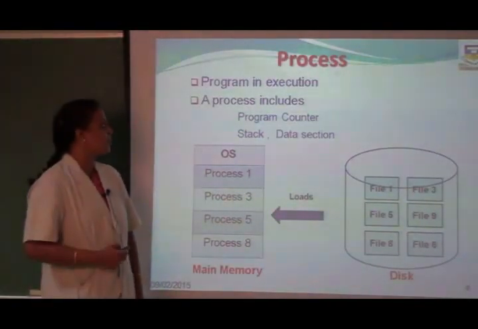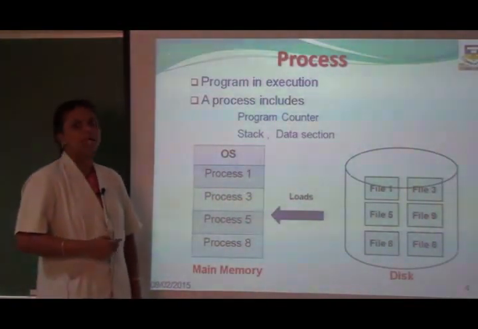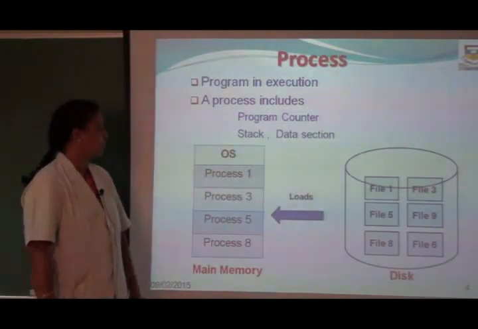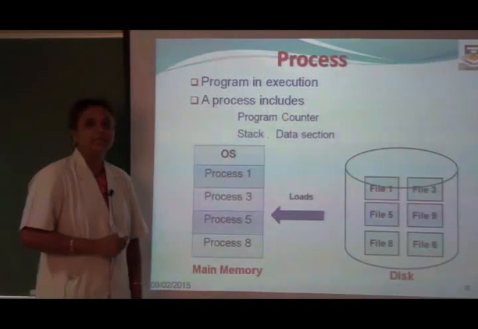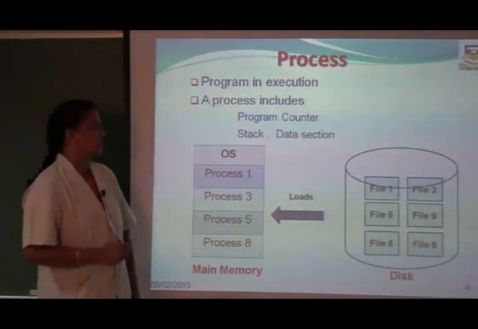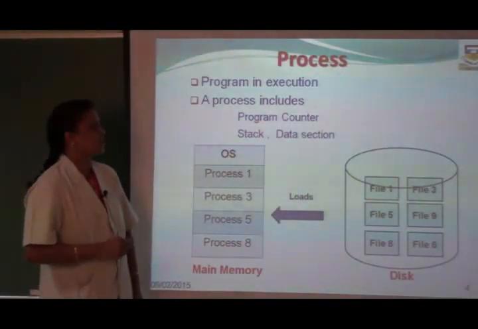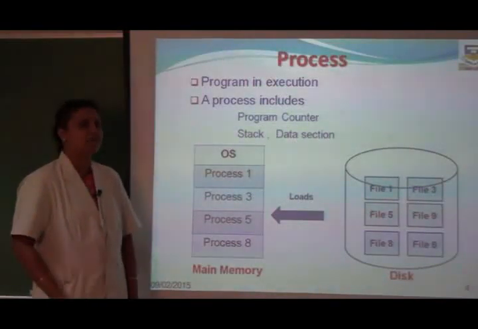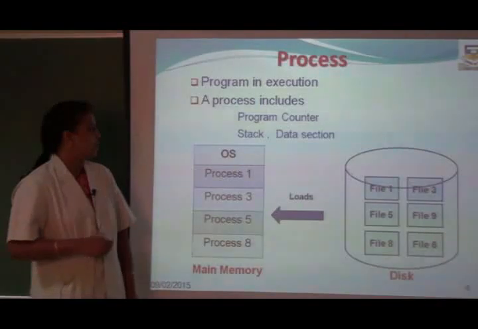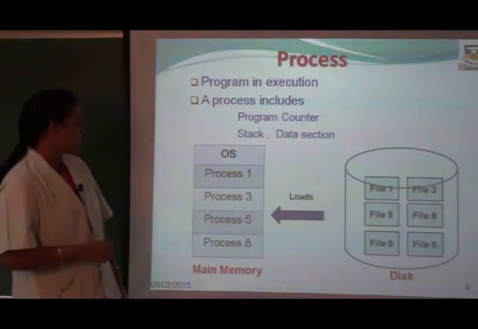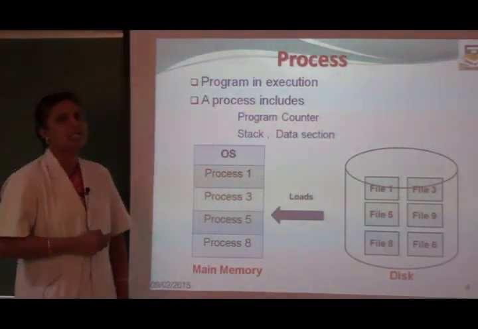The program counter is used to hold the address of the next instruction to be executed. The stack is used to store all the temporary results of the process during its execution. The data section has the important information about the process and the data required to execute that particular process. So a process is nothing but a program in execution.